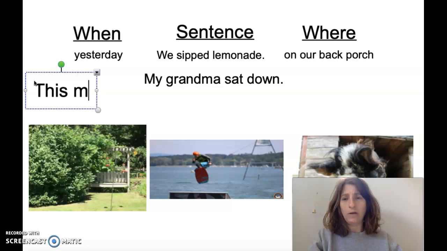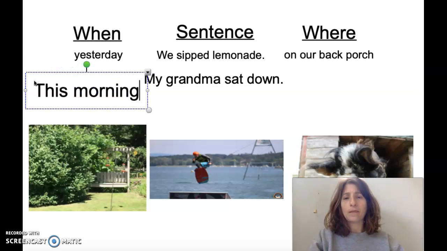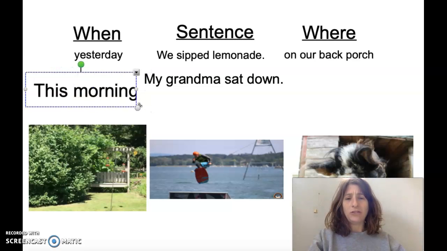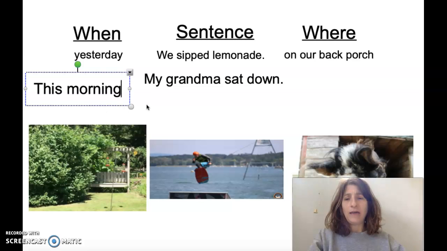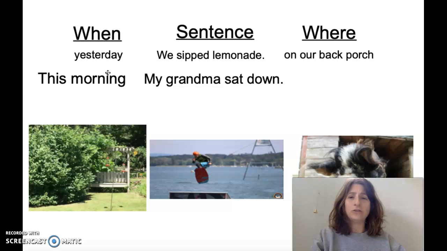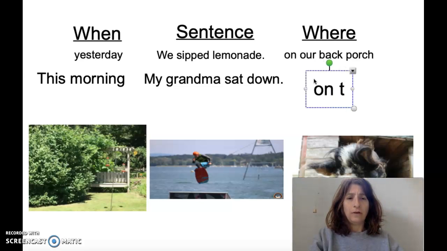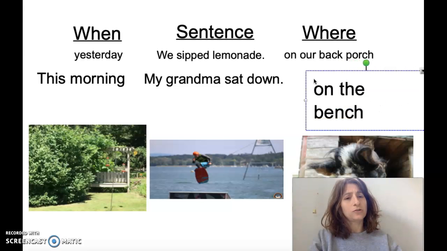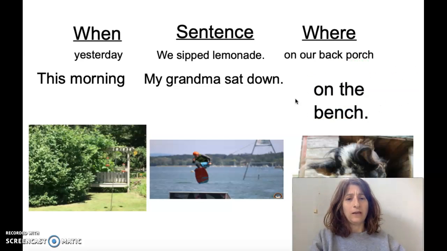This morning. Where did she do it? Well, that looks like it's on the bench, so I'm going to add that. On the bench. That's my where phrase.